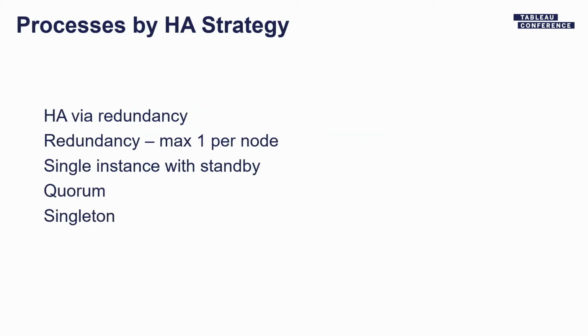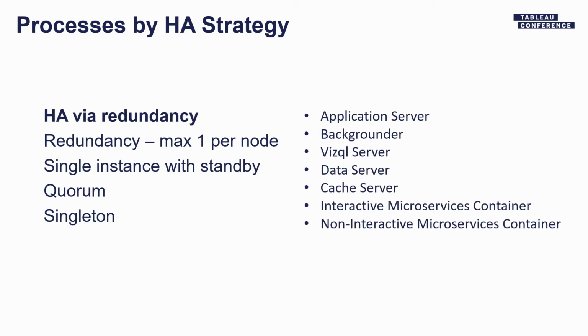We can also look at the HA strategy that we use with each of these processes. So the basic one is we just use redundancy. All these services, Application Server, Backgrounder, and so forth, we can put multiple instances of these processes on a machine, or we can put them across multiple machines to achieve that redundancy.